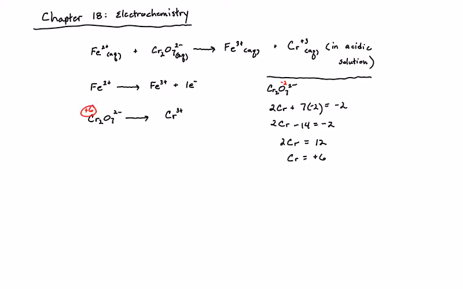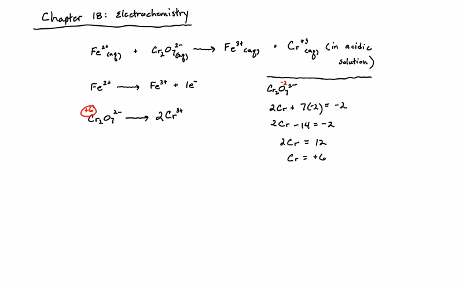to +3. Now, the next thing we need to do here is figure out how many electrons must be getting transferred here. Okay, so each chromium is going to be in its +6 oxidation state. There's 2 chromiums there, which means we need to have 2 chromiums over here. So each chromium has to gain 3 electrons.